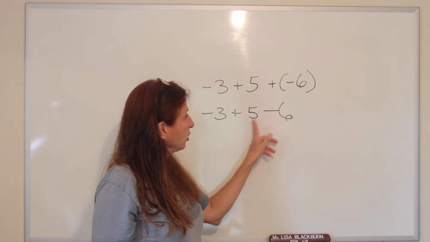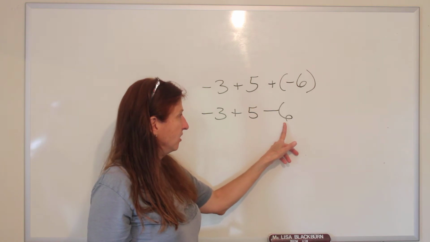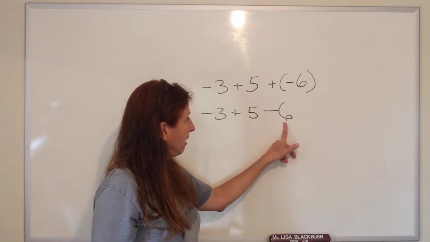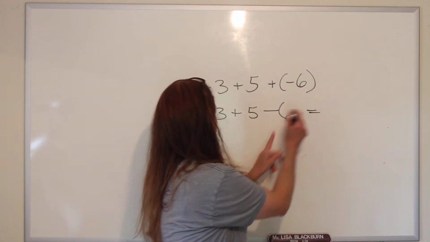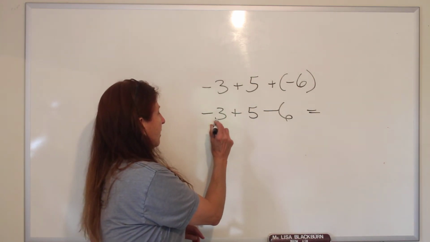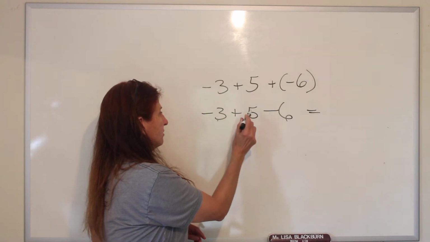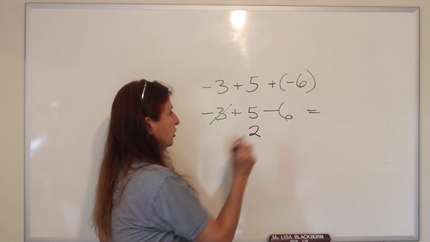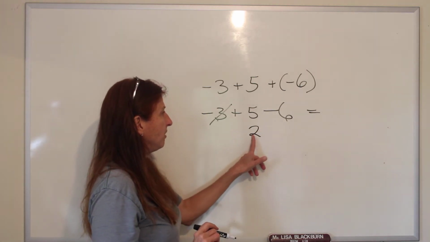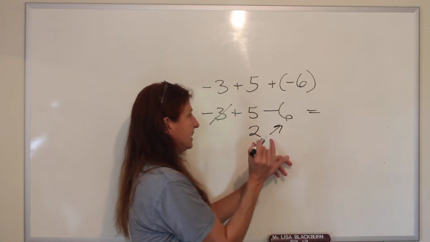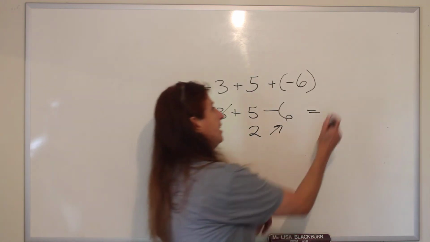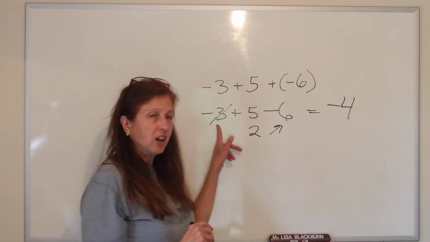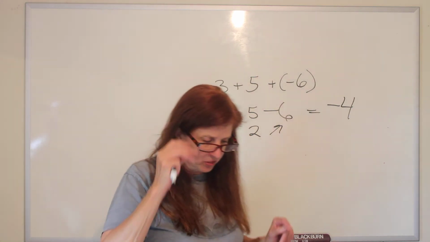But then I spent $6. So my 2 went away, and so let's write it down each step of the way. I owed you $3, but then I got 5, so I paid you off, and I had 2. Now I have $2, but I spent 6. How many in the hole am I? Negative 4. I'm in the hole 4 again. Worse off than I started with my negative 3.